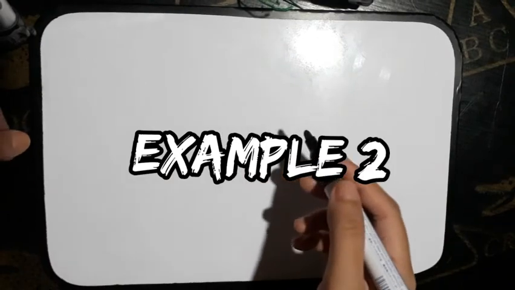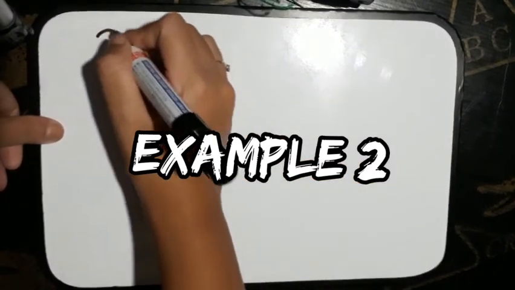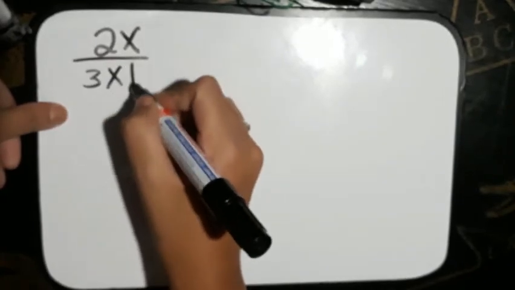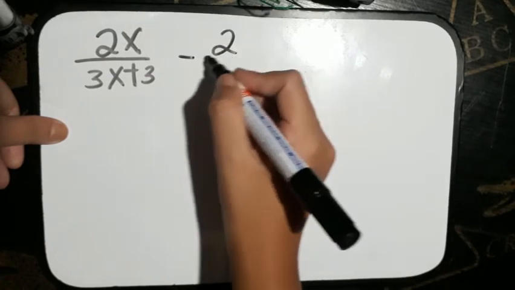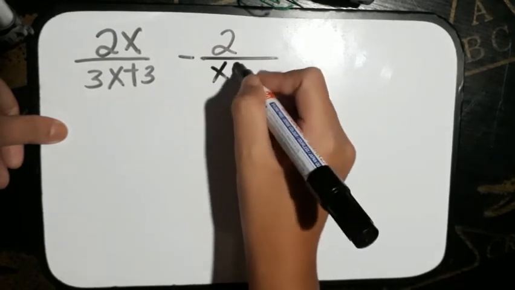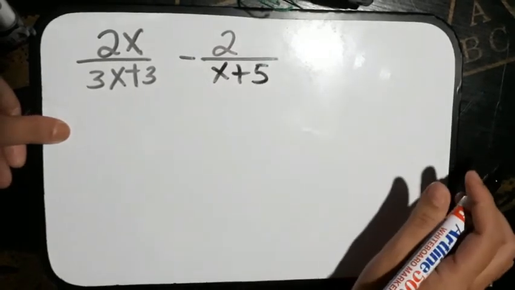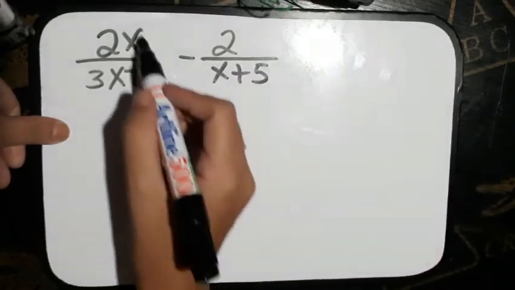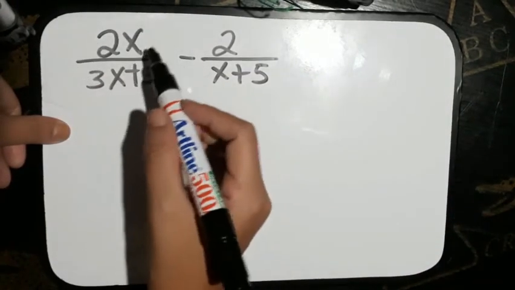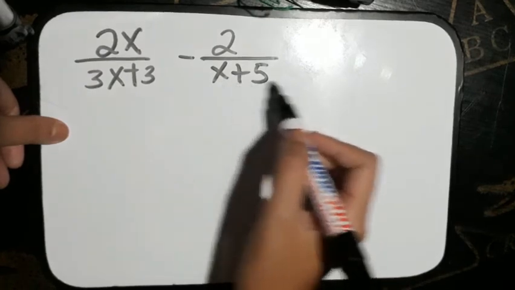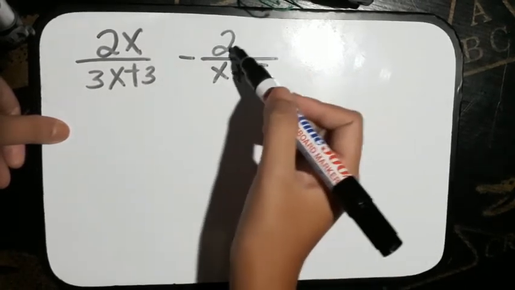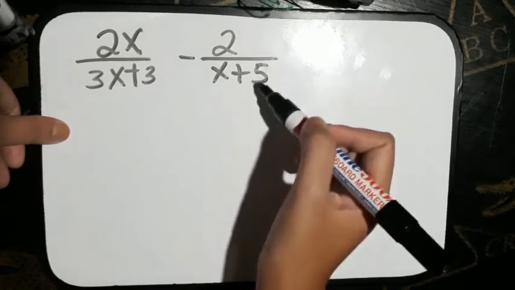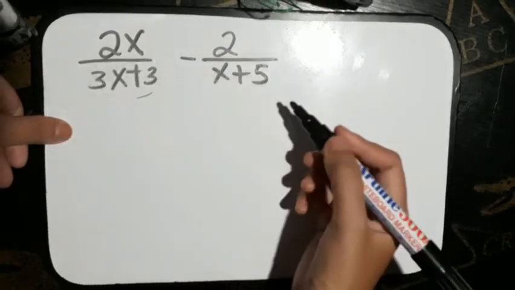Okay, let's have another example. Let's say we have 2x over 3x plus 3 minus 2 over x plus 5. We do the same. We multiply the first fraction, the numerator and the denominator, by the denominator of the second, and the second fraction, we will multiply both the numerator and the denominator by the denominator of the first fraction.